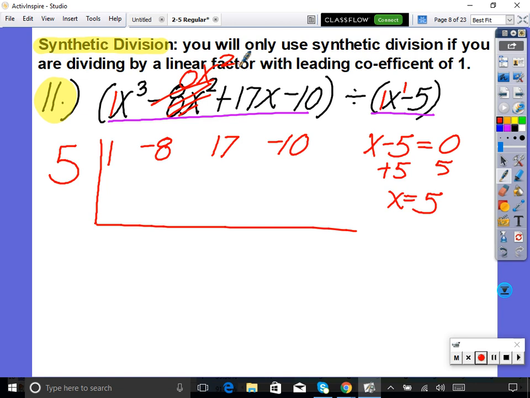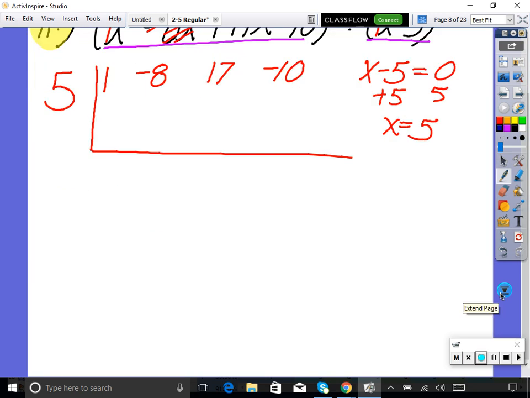So this is how synthetic division works. Every time, we add straight down, multiply up. Watch what I mean. 1 plus nothing is 1. Now we add straight down and then we always multiply back up. 1 times 5 is 5. I place that under this negative 8.